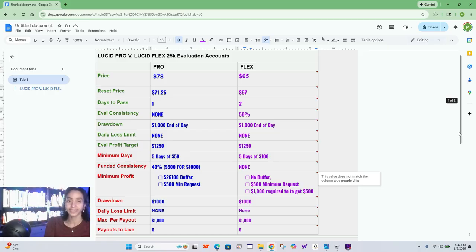But the fact that this Flex account does not have a buffer, does not have a safety net, I don't have to deal with that language, I think that is a little bit more calming for me. And I like that fact. So I have decided to go with five Flex accounts. 5 of the Flex accounts.